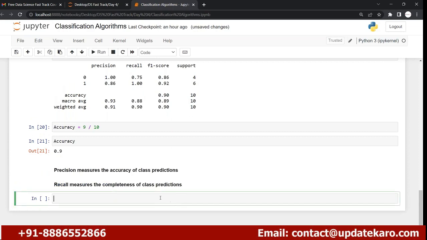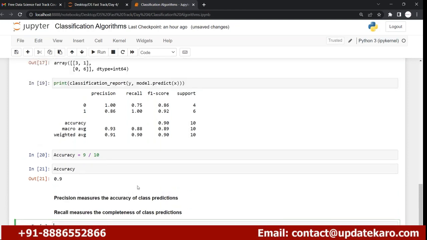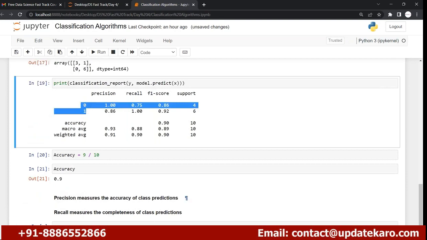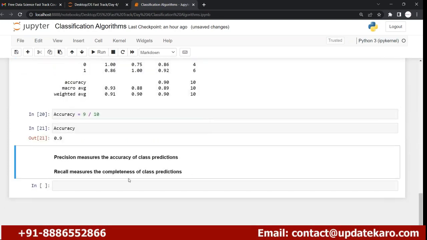So precision, we can simply say, is the accuracy of your class predictions, either class 0 or class 1, right? And recall measures the completeness of class predictions.